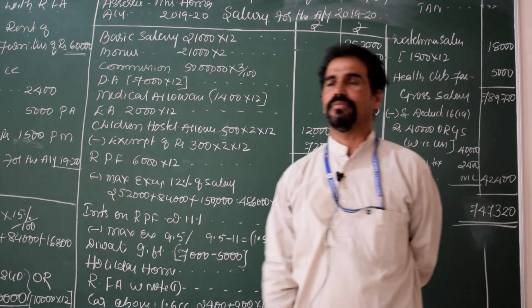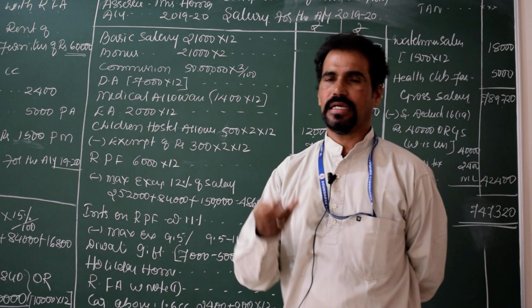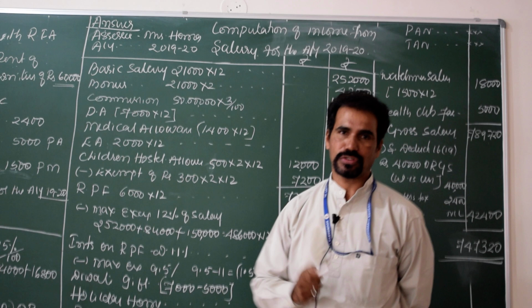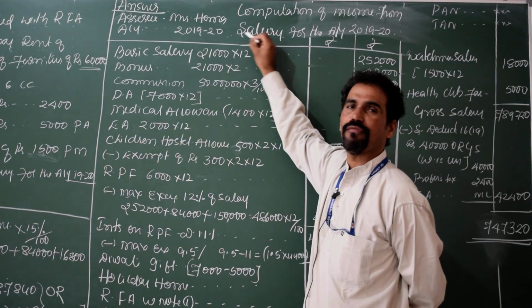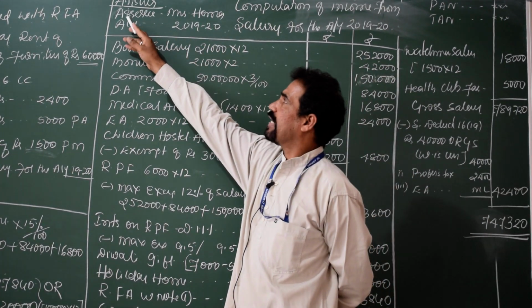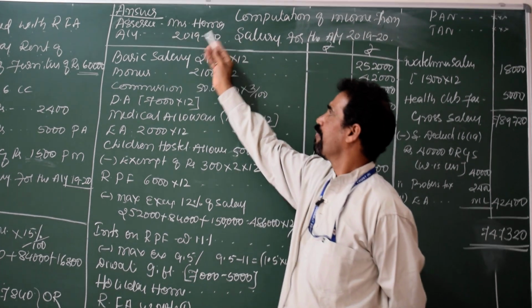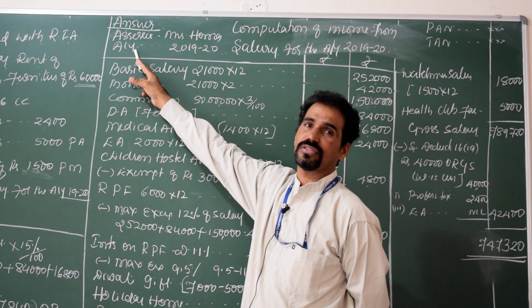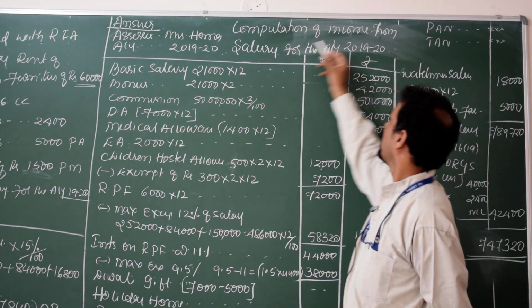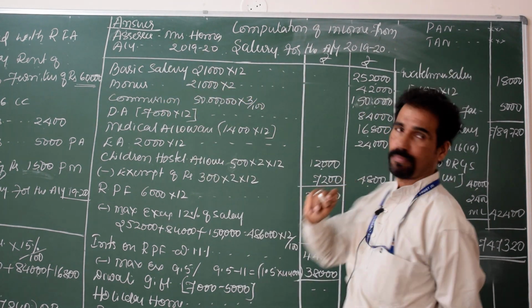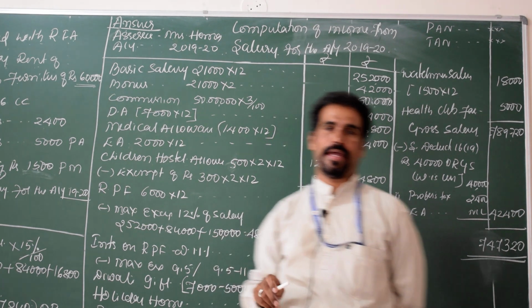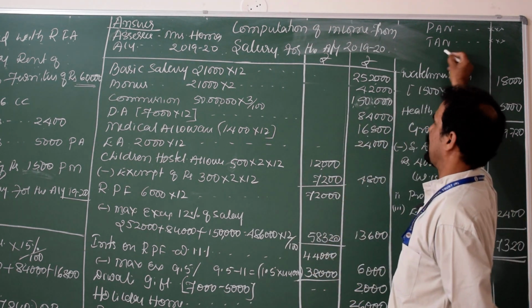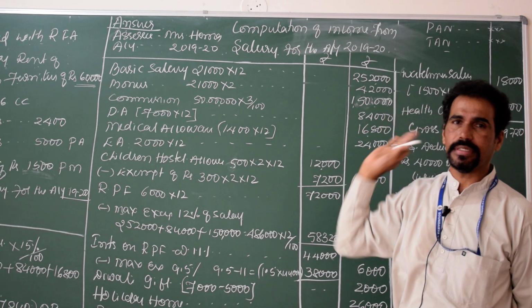For any sums, either income from salary, house property, capital gain, or income from business and profession, the same format should be followed. So first is the assessee, Mrs. Hema, assessment year 2019-20, and the assessee is also resident. On the right side of the top of the page, TAN and PAN should also be mentioned. It is mandatory from the income tax.